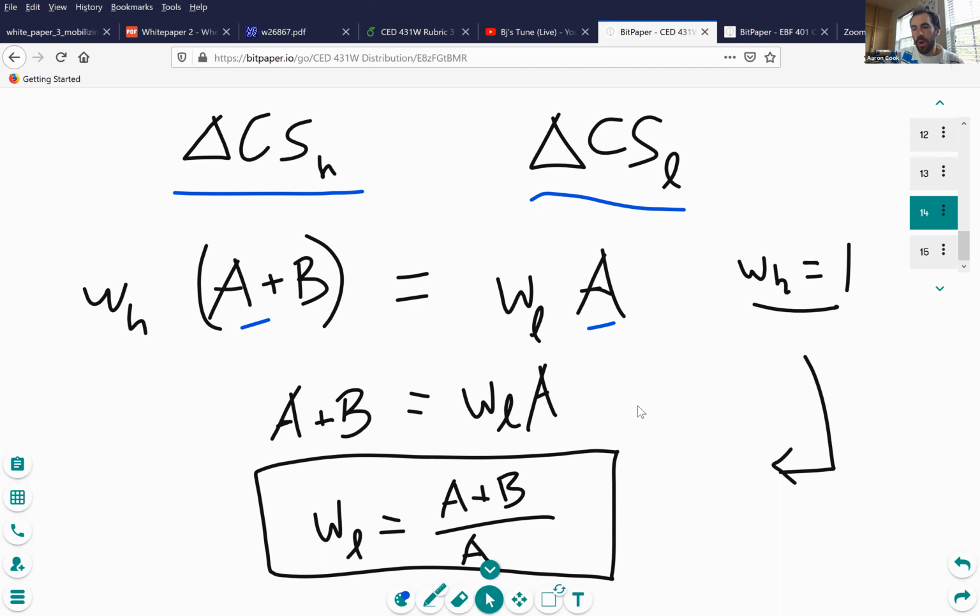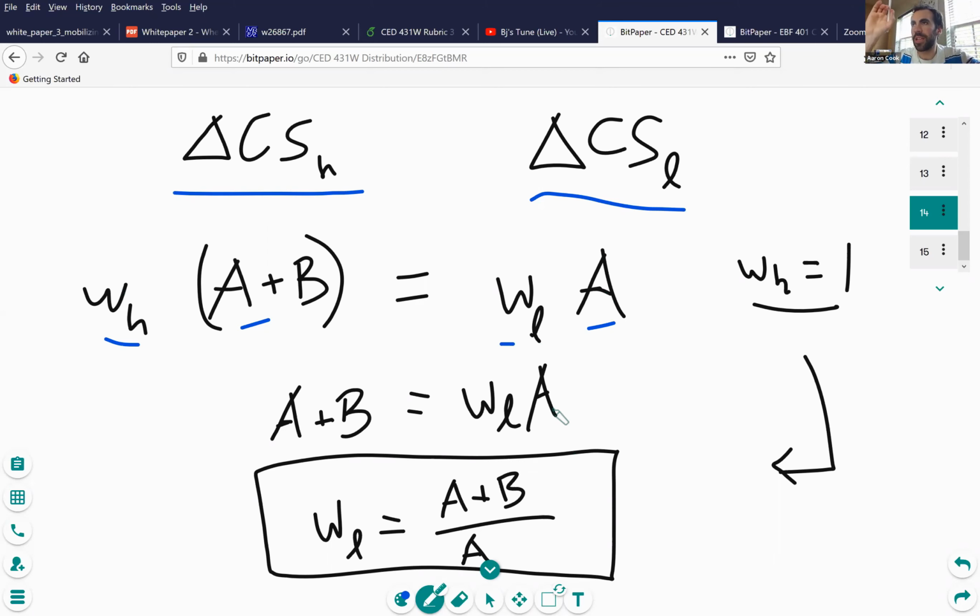And so one practical way of implementing this would be to implicitly look for some kind of weights, right? So what you're looking for are weights, WH and WL, that would be applied to these amounts of change in consumer surplus. And you want to figure out what those would be to satisfy this one person, one vote principle.